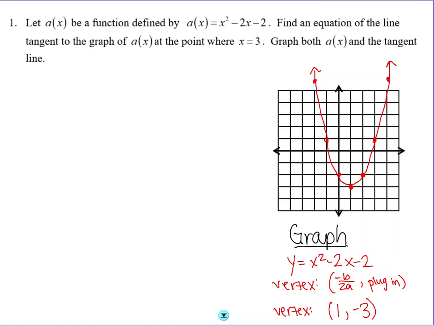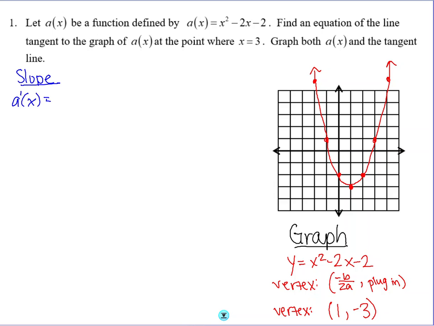Now, we want to find the equation of our tangent line. The first thing we need to find is the slope. To do this, we need to find the derivative.